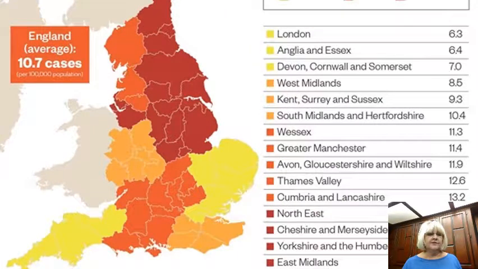And then this is also in England, and this was like 10.7 cases per 100,000 population. But look all across their country. Isn't that amazing? And I haven't heard anything on the news about that.